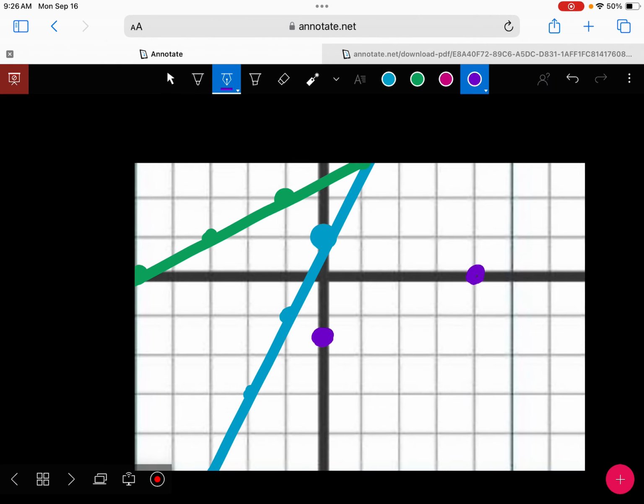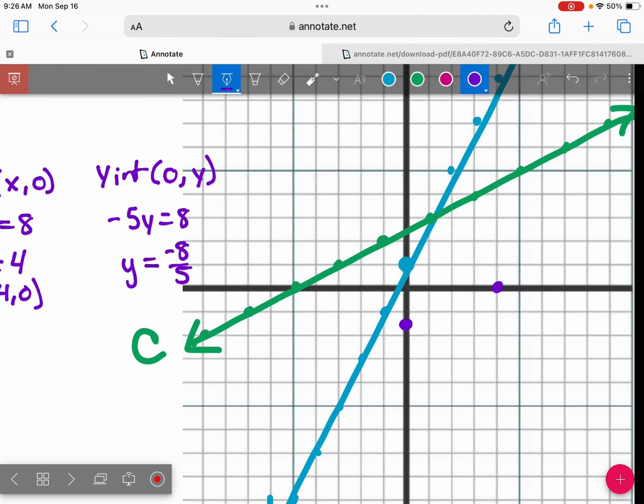When we do X and Y intercepts, that is where we are the most sketchy as far as our images go, because we can only do 2. That is a very skinny line. You can always pick more X values to substitute in to get more points on your graph.